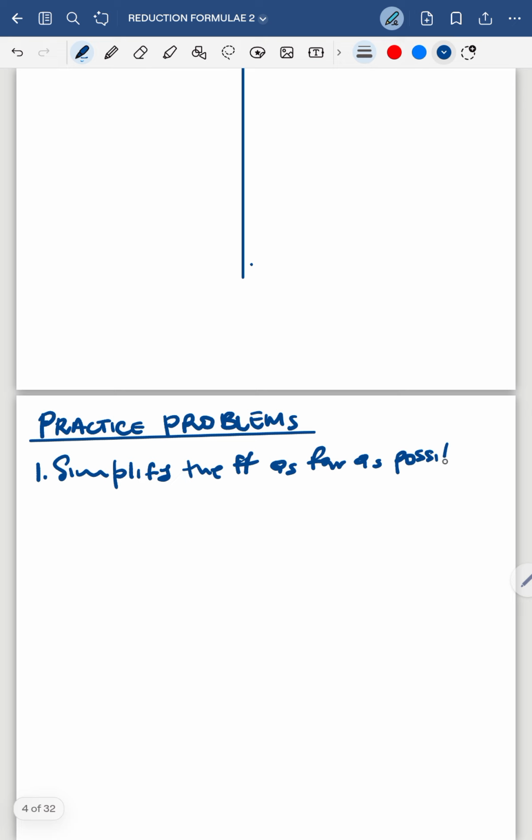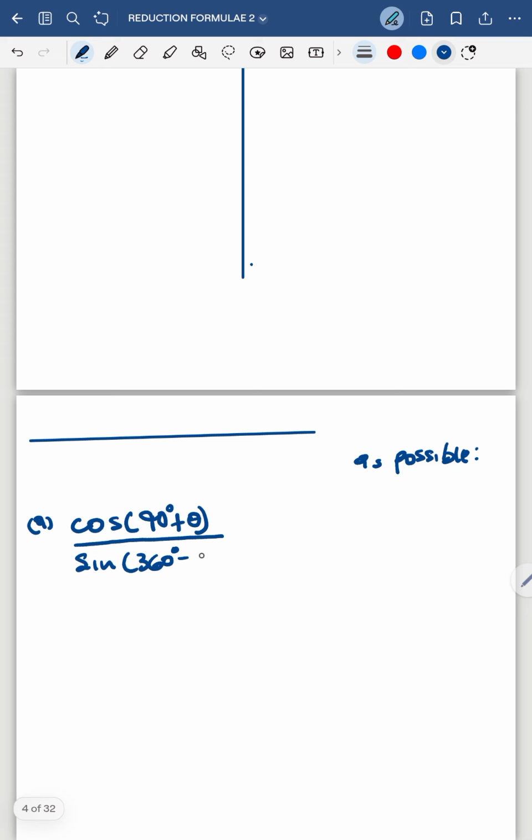So you will need to simplify this. So A, then your A, it's cosine, open brackets 90 degrees plus theta, then sine 360 degrees. What's happening now?